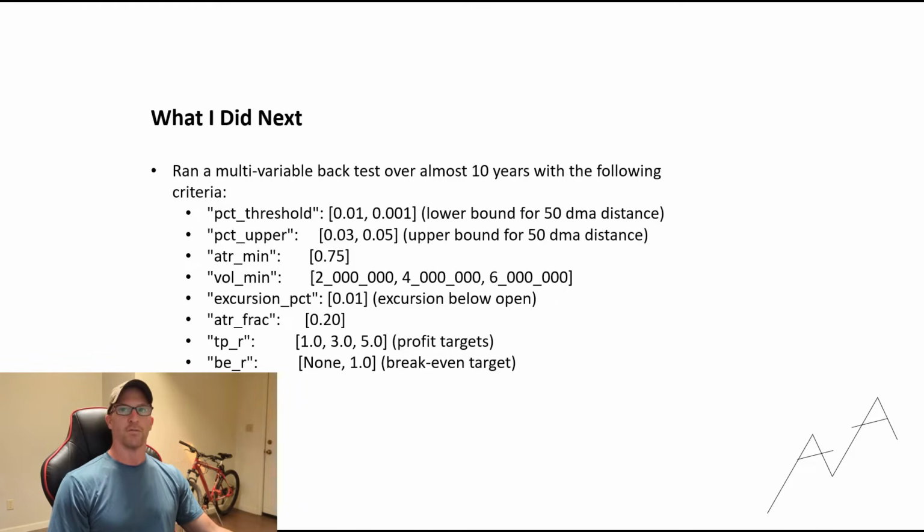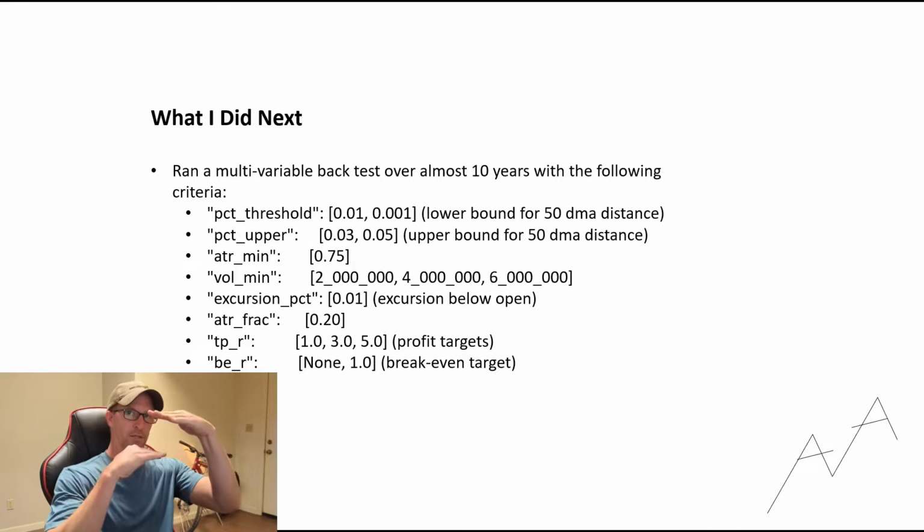This is all just for the long scenario, and we can do the short scenario later if anyone cares. So PCT threshold, that's the lower bound. The open price of the day needs to be at least this far away from the 50 simple moving average in order for it to count. And then the upper bound is, okay, it can't be any further than this away from the 50, right? So it sets a range.